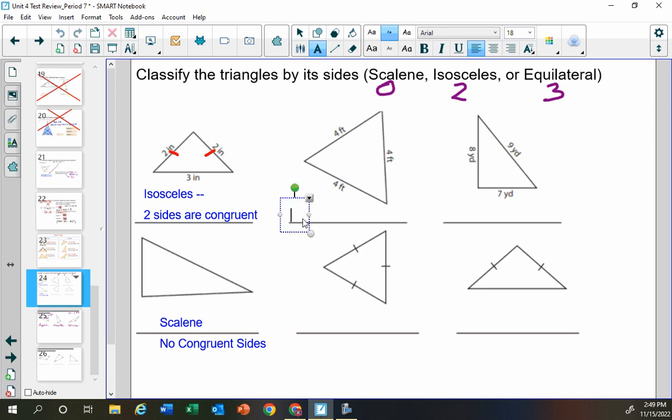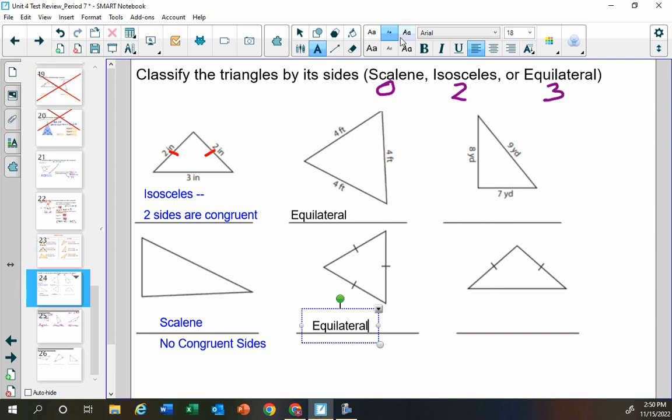Because they're all congruent. So both the top and the bottom are going to be equilateral. They're both equilateral because all 4 of these have a 4, and all 3 have exactly one hash mark.